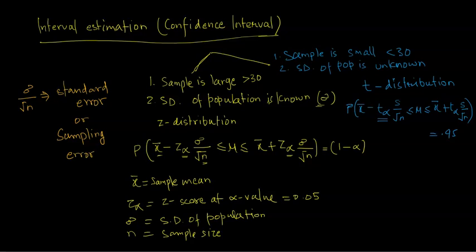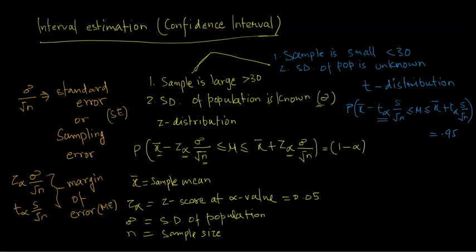While if I multiply it with a z-score or t-score, so this, or I would say t alpha s divided by square root n, is known as margin of error. Or you can also call it ME, and this is called standard error, so you can call it SE.